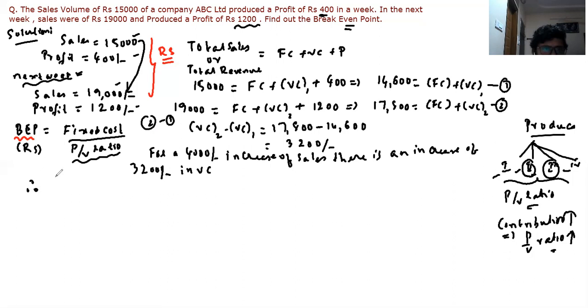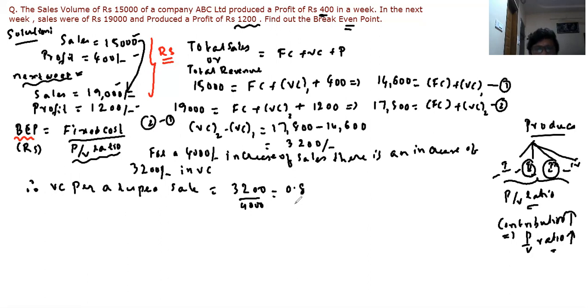Therefore, we can find the variable cost per rupee of sale. It is given as 3,200 divided by 4,000, which is 32 by 40, around 0.8, right?